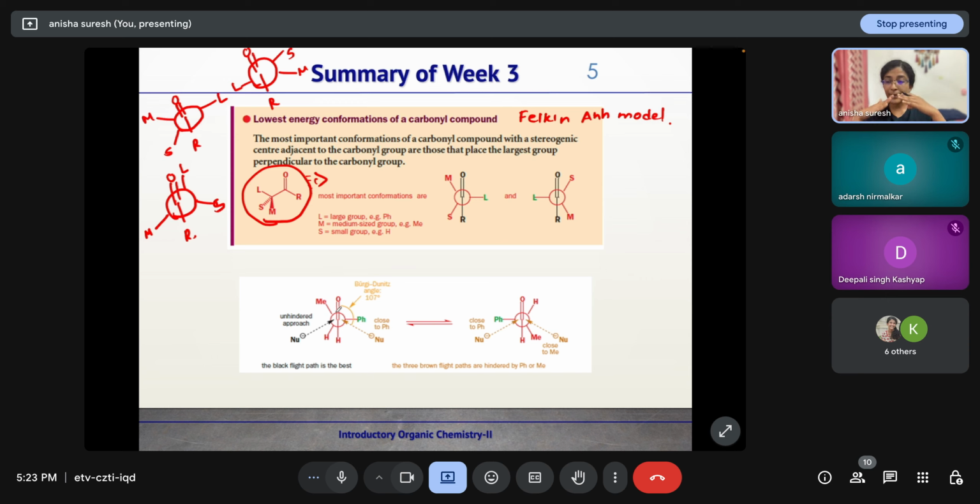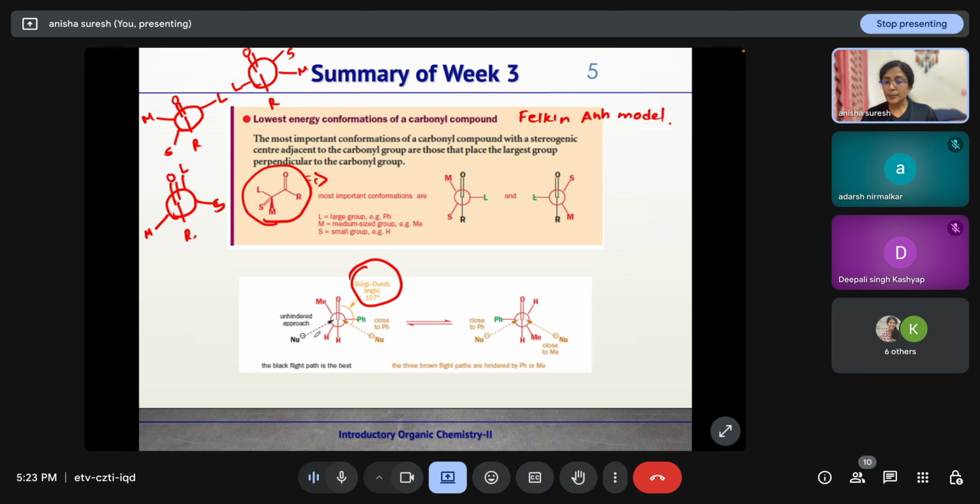Better overlap takes place when the nucleophile attacks at the Bürgi-Dunitz angle, which is around 107 degrees. So the nucleophile can come and attack at 107 degrees. The arrow shown is with respect to the Bürgi-Dunitz angle. Okay. So this is the Bürgi-Dunitz angle.